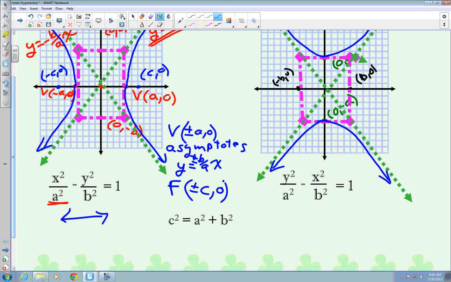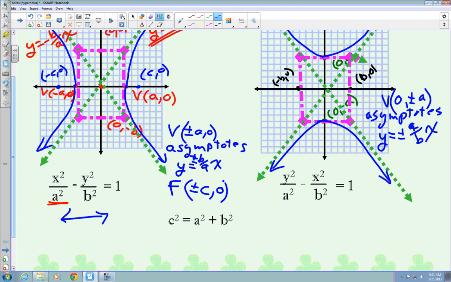Now when I look at the important parts of the y one, if the y squared is first, my vertices are at the points 0, plus or minus a. My asymptotes: this time, when I count up to a vertex, the rise is going to be a, the run is going to be b. So that'll be y equals plus or minus a over b x.